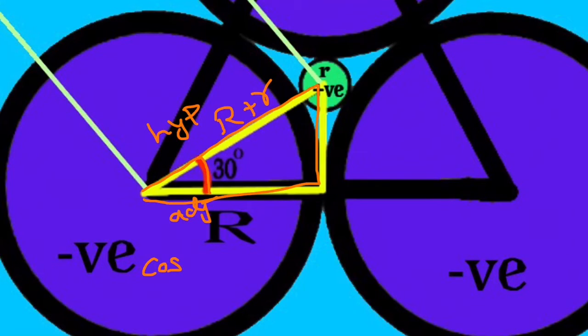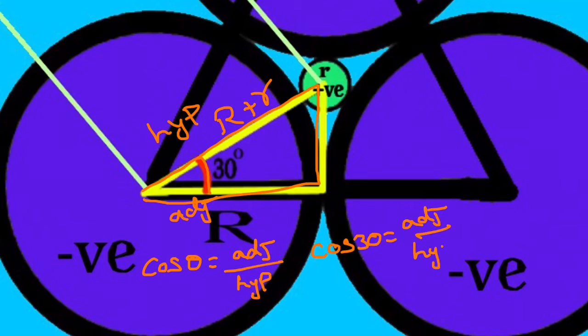Cos theta is equal to adjacent by hypotenuse. Now what is theta given? Cos 30. So cos 30 is equal to adjacent by hypotenuse.